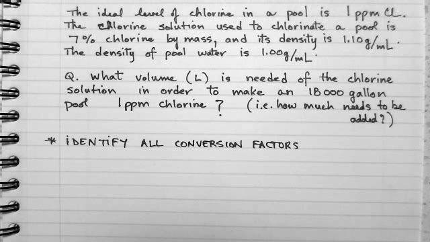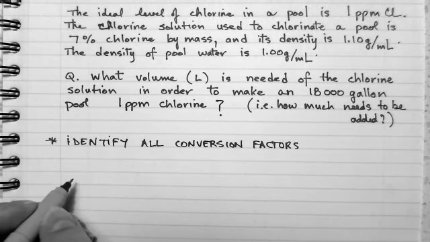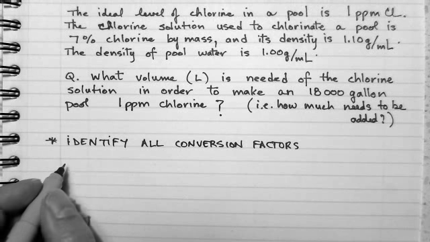So, 1 ppm chlorine. This is kind of a funny bit of information for some people because we don't actually have the units written out. So what does 1 ppm chlorine mean?